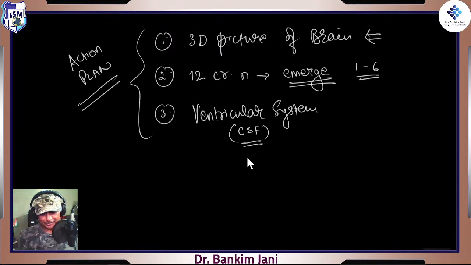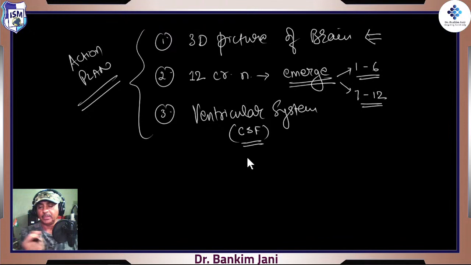Then we'll be talking about the 12 cranial nerves, that is, from where they are emerging. Tomorrow we'll talk in depth about cranial nerves 1 to 6, and the day after tomorrow 7 to 12. The third thing is the ventricular system, which is responsible for creating CSF, cerebrospinal fluid.